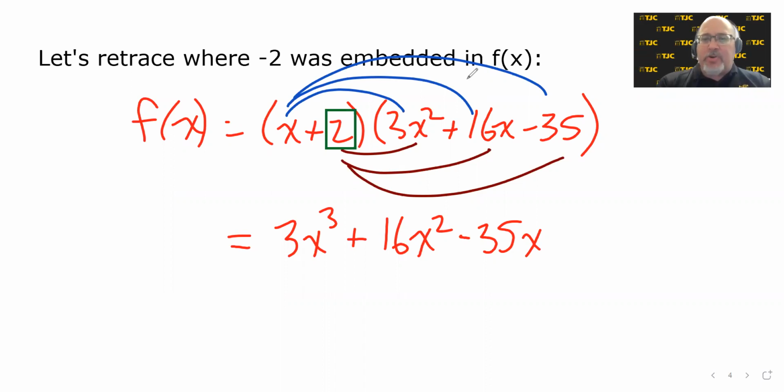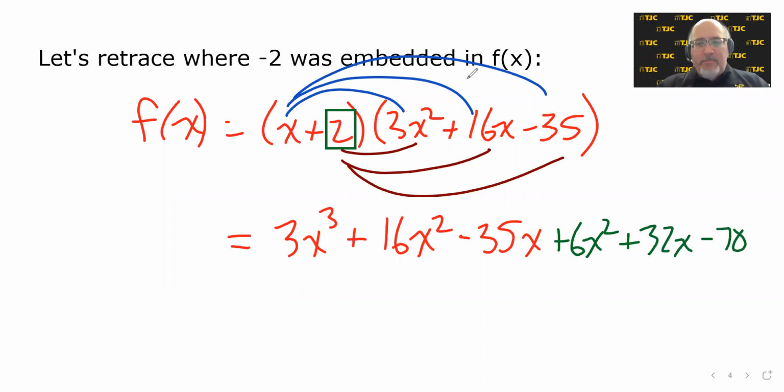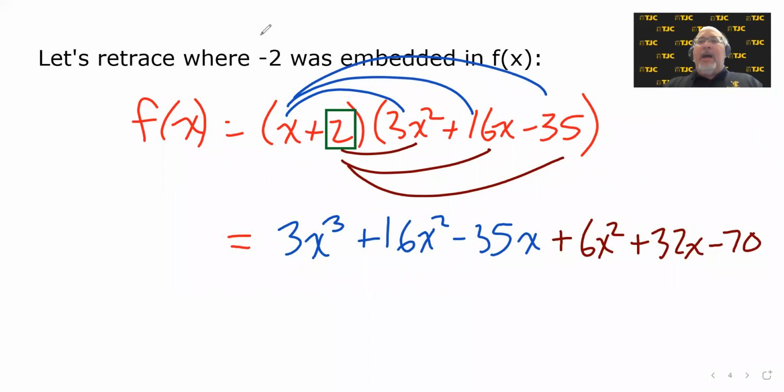+2 times 3x squared is +6x squared. +2 times +16 is +32x. And +2 times -35 is -70. I just changed the font color on the last line to match the colors of the little arcs used to represent the distribution.